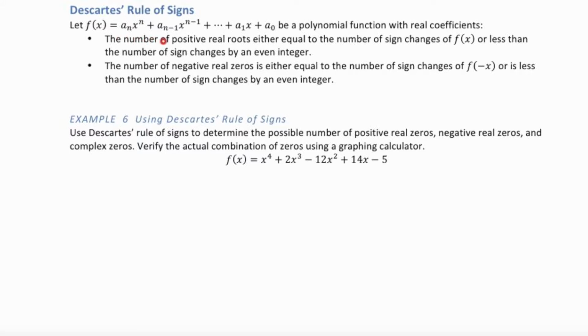The number of positive real roots is either equal to the number of sign changes of f of x or less than the number of sign changes by an even integer, and the number of negative real roots is either equal to the number of sign changes of f of negative x or is less than the number of sign changes by an even integer. Let's see what this means. So let's find the number of positive real roots.